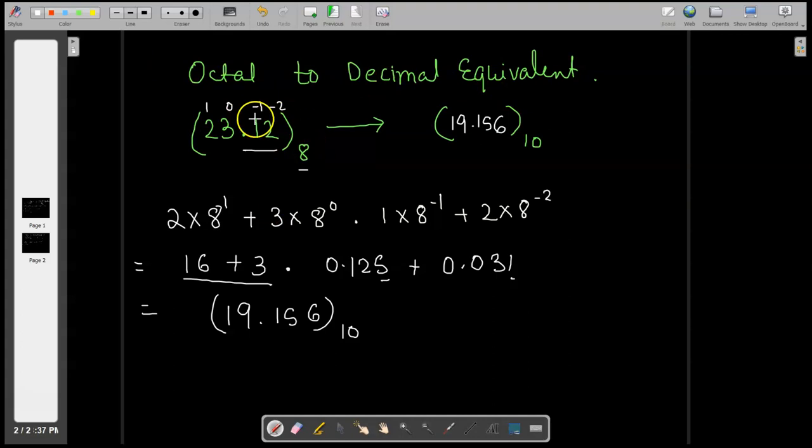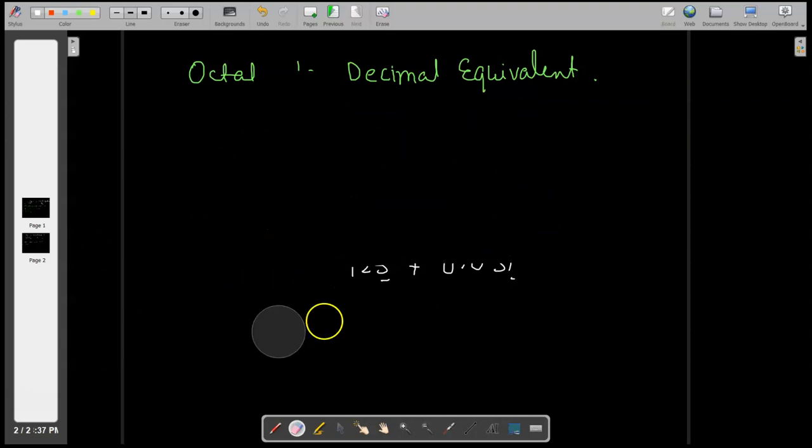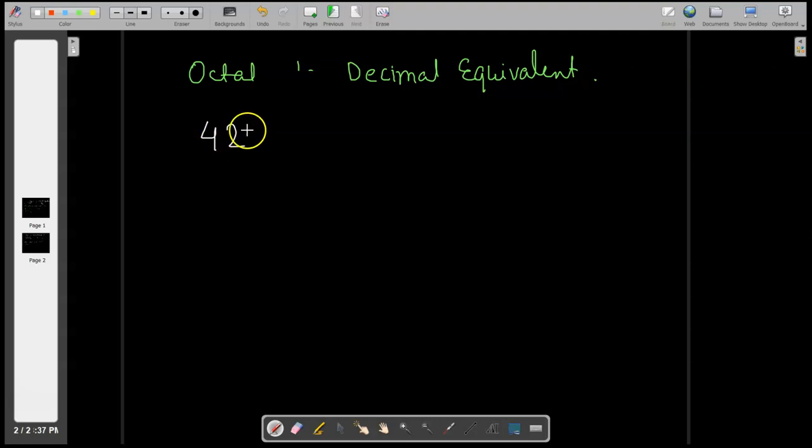So this was octal to decimal. Suppose you don't have a decimal point number. How are you going to do it? Let us take another example where we simply don't have any decimal point. Suppose we have 42, an octal number. You have to convert it to its decimal equivalent.